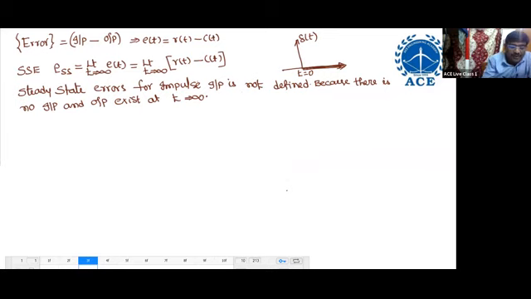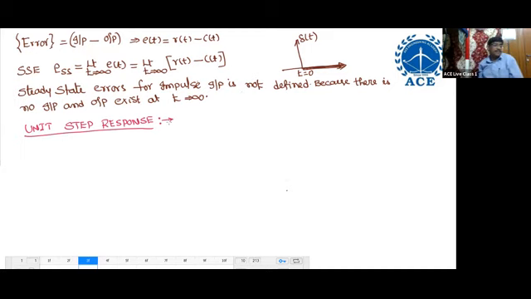Next, unit step response. Unit step response to the first order systems.